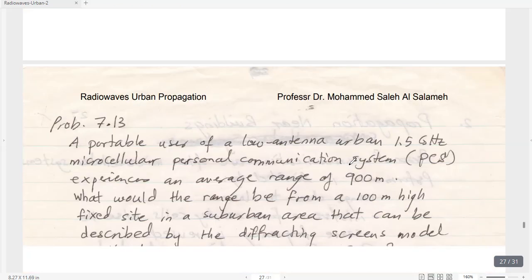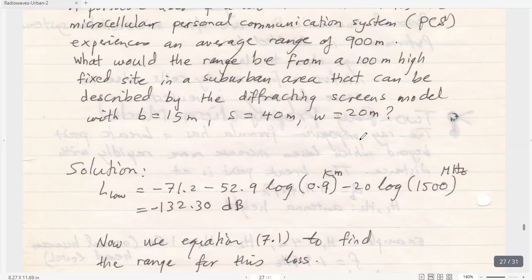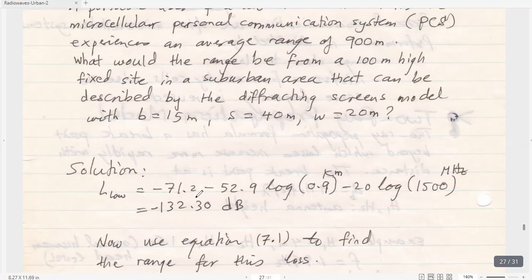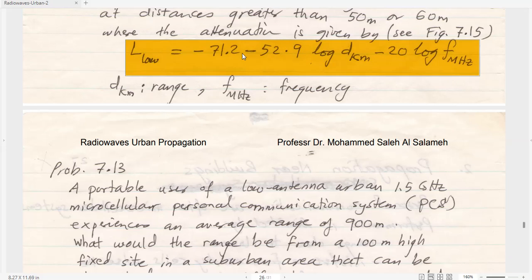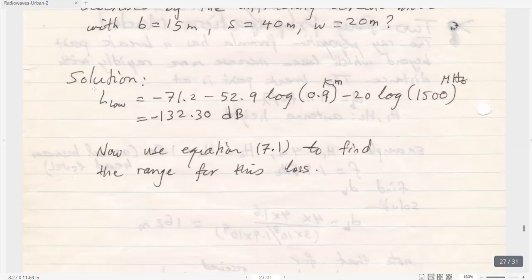We have seen this equation here. We take this equation, minus 71.2 minus 52.9 log d, and this is the equation L for low height antenna.